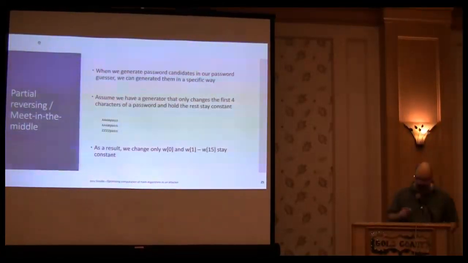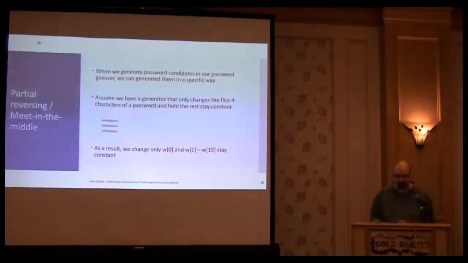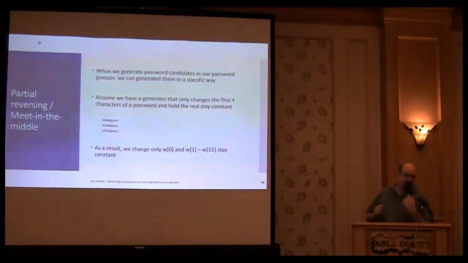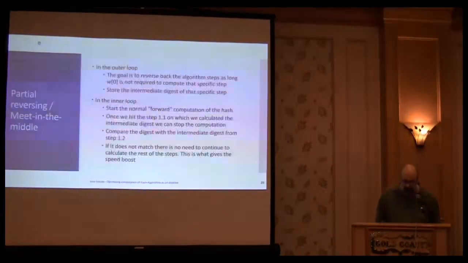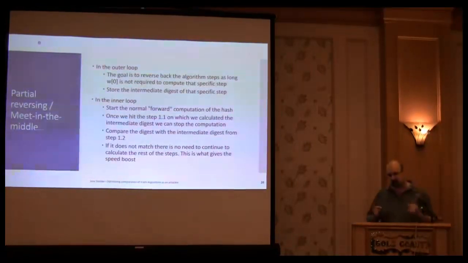So for example, again in MD5, if we hold the first 4 characters not constant, and the rest constant, as you can see here in that example. This is an important part, because we can now, in the outer loop, partially reverse MD5, and in case we need to change the W0, we need to recalculate from the outer loop.